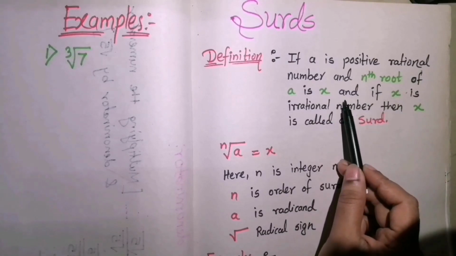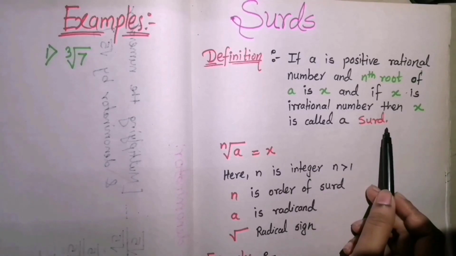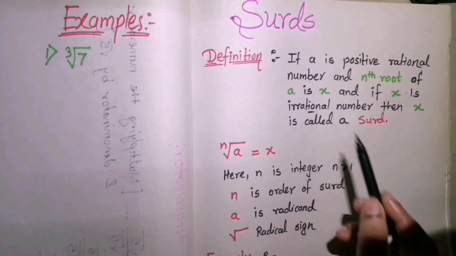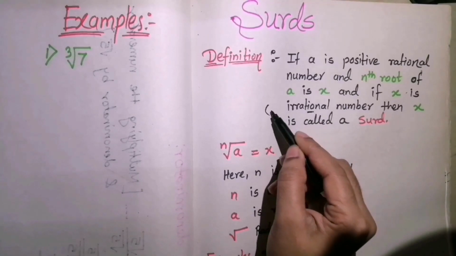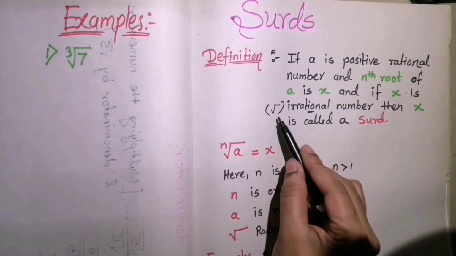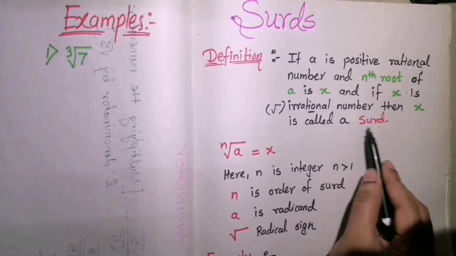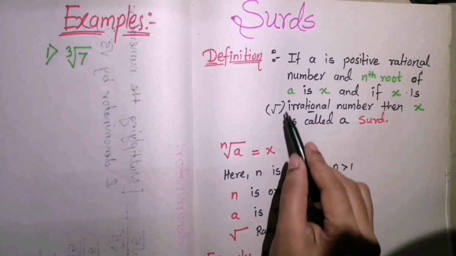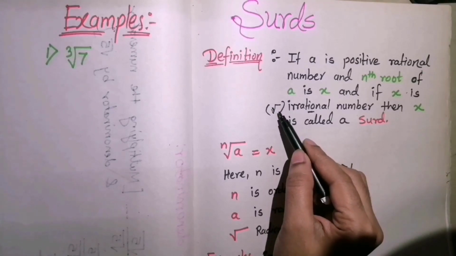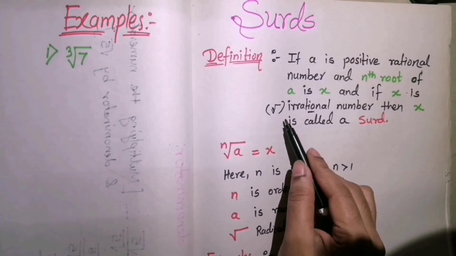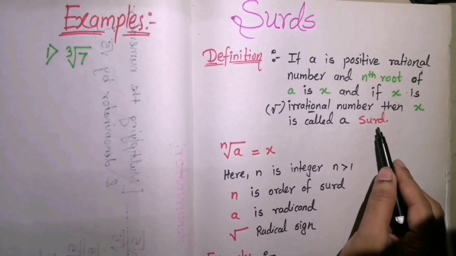The nth root of A is x, and if x is irrational, then x is called a surd, right? Irrational number means it is in the form of a square root, as we will learn. So then x is called a surd. So students, if we have a number in the form of an irrational number, that means we cannot factorize that number, it is called a surd.